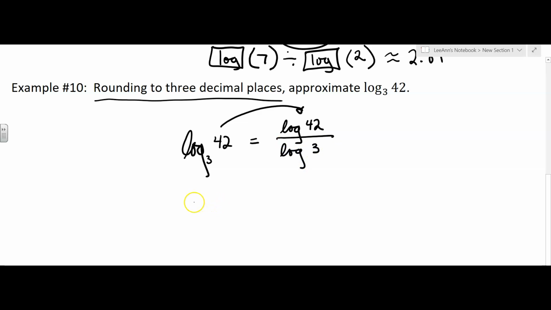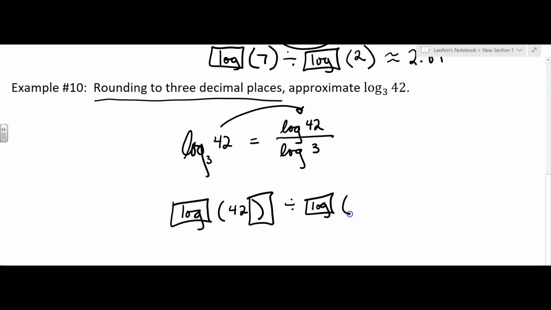Okay, again, on my calculator, I'm going to hit the log button. It's going to automatically open a parenthesis. I'll put in 42. Then I have to remember to close that parenthesis. So you got to remember to hit that. Then the division bar, then the log button, and then it's going to open a parenthesis. I put in the 3, and then I close the parenthesis. So let's try that.